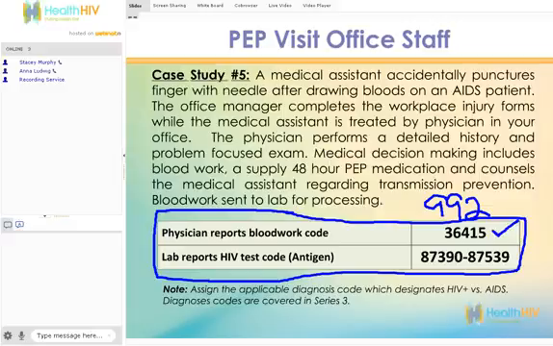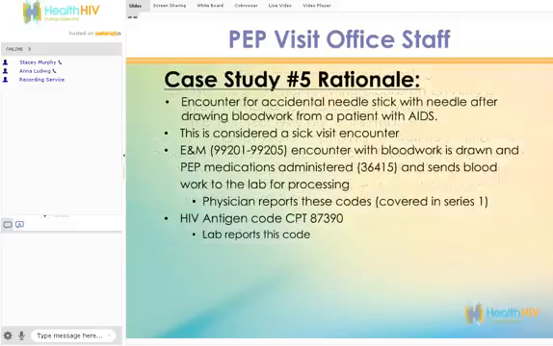your test codes would be 36415 for the venipuncture, and then 87390 through 87389, one of the antigen codes. In terms of the diagnoses, we will cover in depth the ICD-10 codes in webinar series 3, which is scheduled for next week, Thursday. So here's the rationale for the reason why we selected 36415 and 87390.